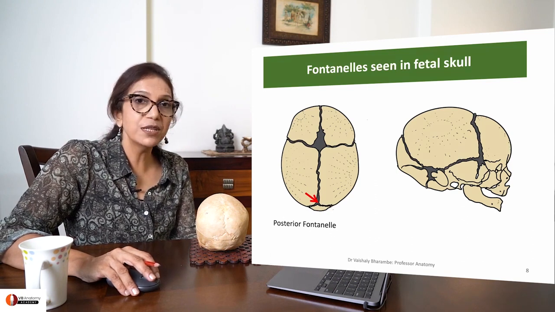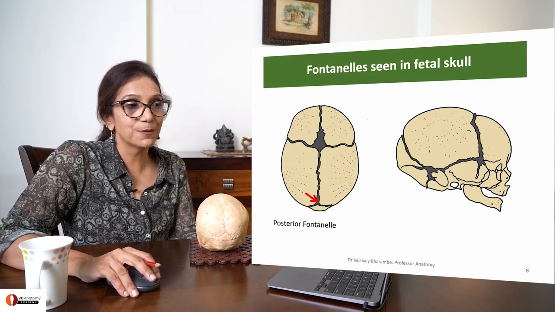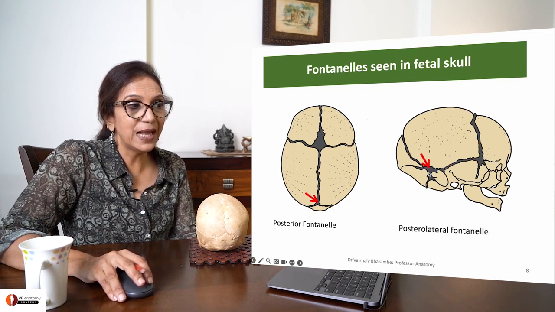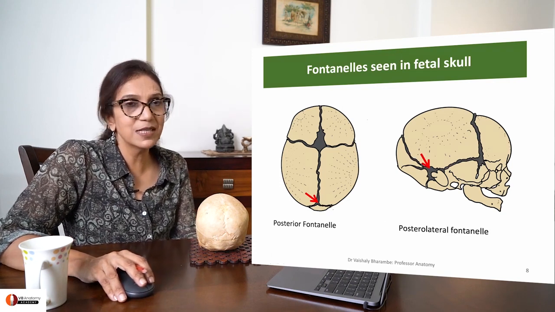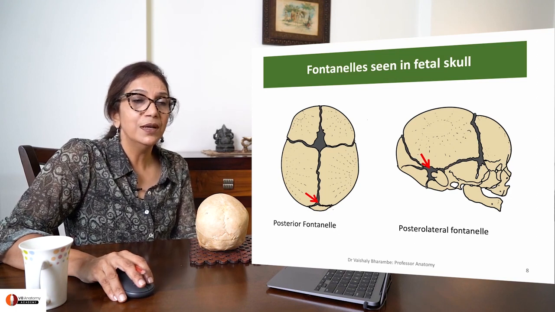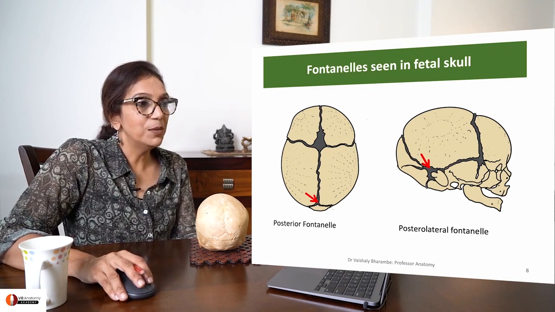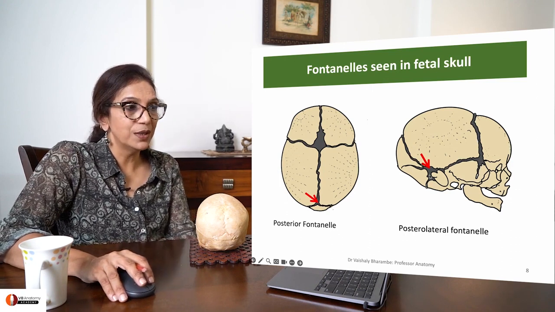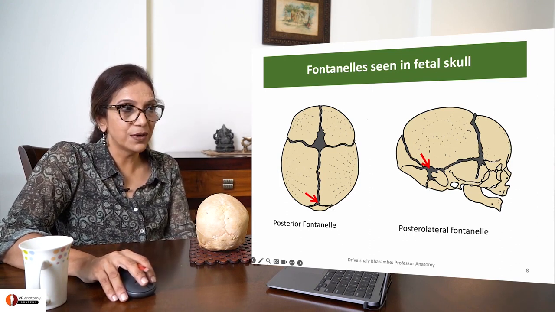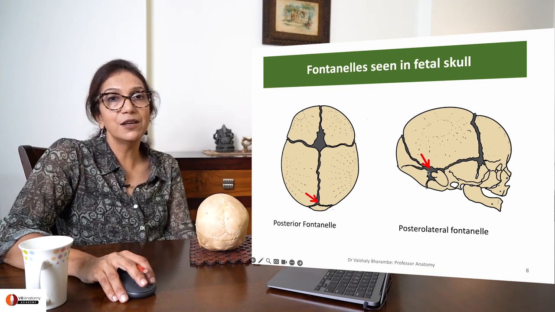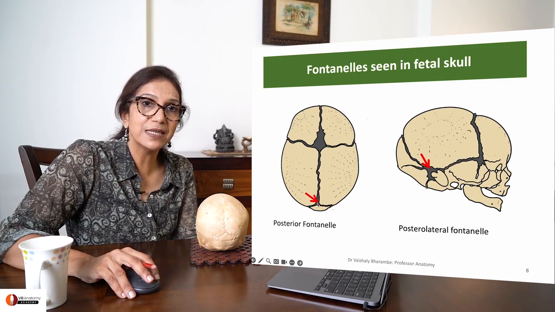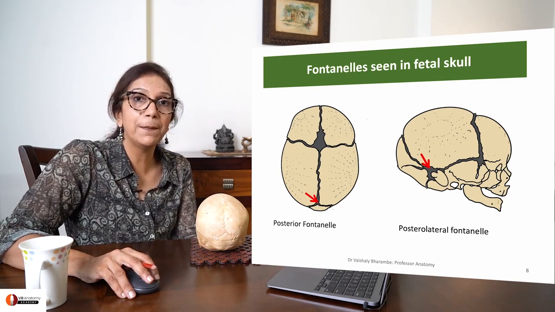Okay, this will ossify around the age of 3 months. Here now is the posterolateral fontanelle. Similarly, it's a membranous part of the bone which is not yet ossified between the parietal bone, occipital bone and the mastoid bone. This is posterolateral fontanelle. When it ossifies, it forms the asterion, and when the posterior fontanelle ossifies, it forms the point called lambda.